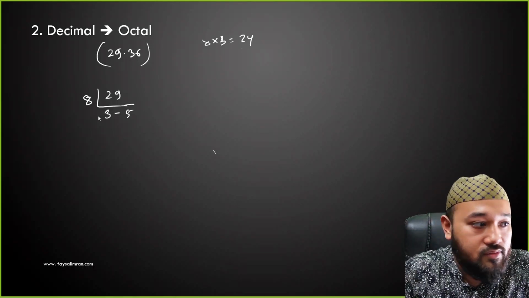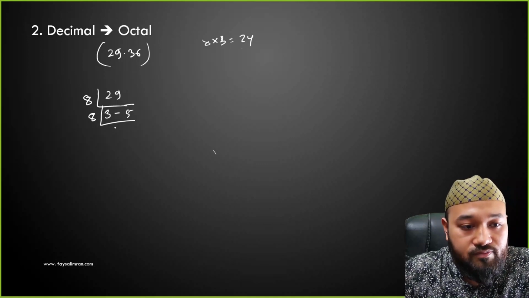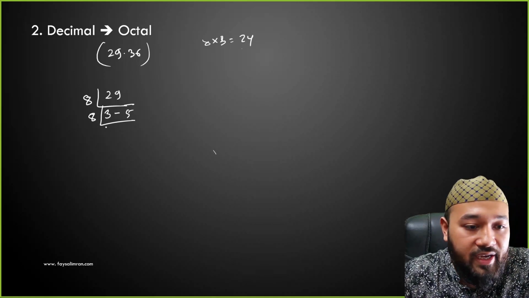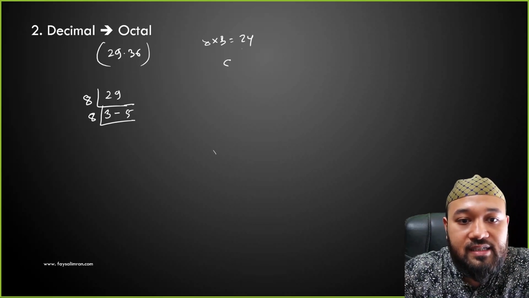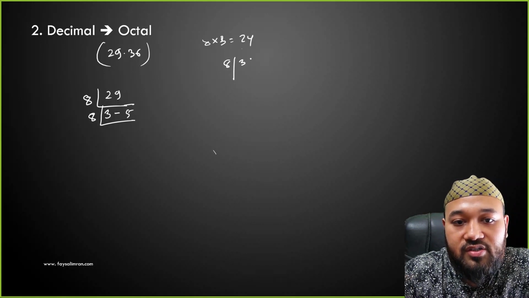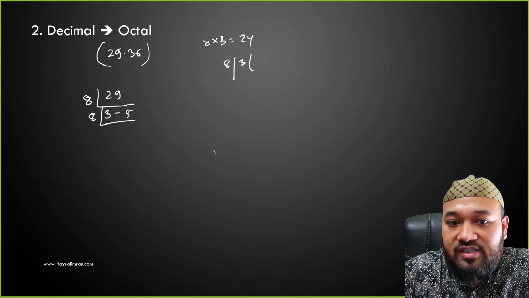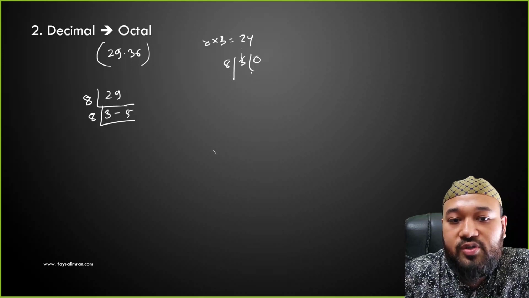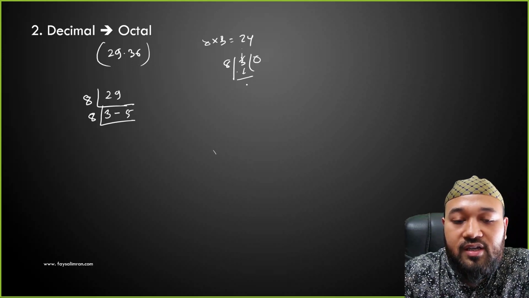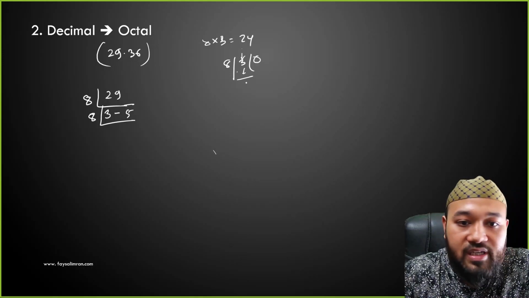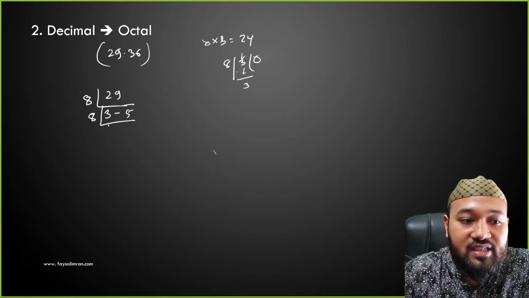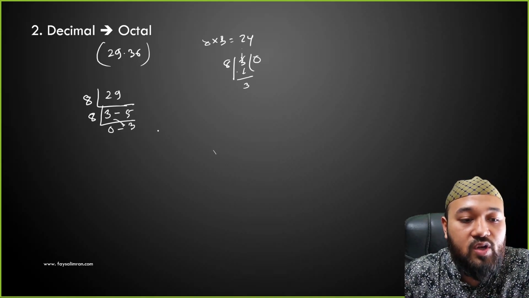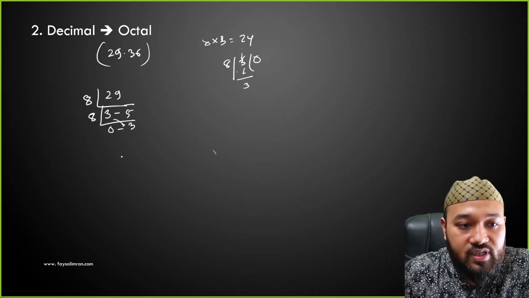Yes sir, understood. We also need to divide 3 by 8. 8 is much larger than 3, so we do not divide it. The division result is 0 and 3 remains unchanged. That means this is our remainder. So 0 is our division result and 3 is our remainder value. So the result is 3, 5.